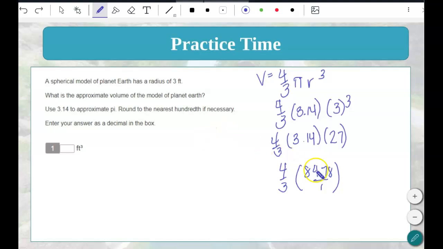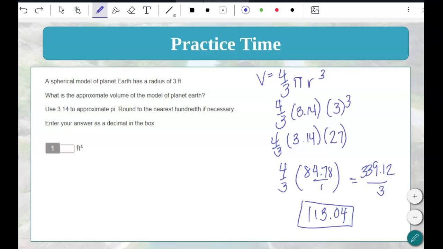And then we're going to divide that by 3. It does say to round to the nearest hundredth if necessary. This might be one of the quiz questions or close to it. Divided by 3, 113.04.